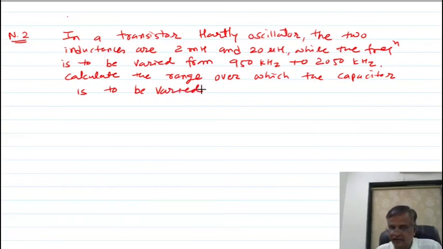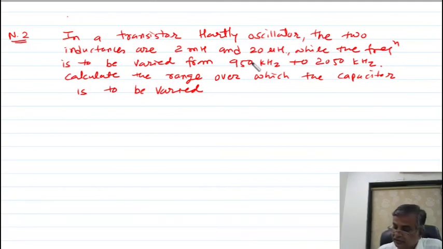Here in this numerical they have given the values of L1 and L2, and F1 and F2, and they are asking you the maximum and minimum range of the capacitance that you vary, so you will get this much variation of the frequency.